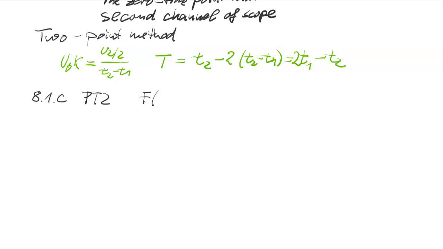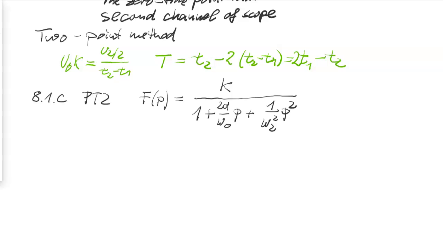The normalized traditional transfer function of a second order low pass filter is K, the DC gain, divided by 1 plus 2 times the damping constant divided by the natural frequency times P plus 1 divided by the natural frequency squared times P squared.